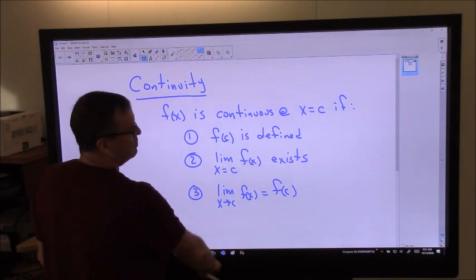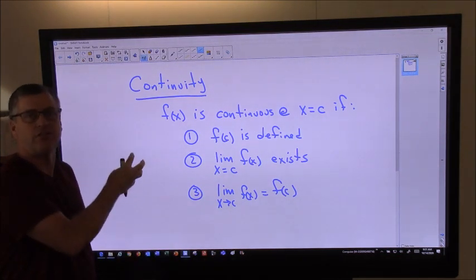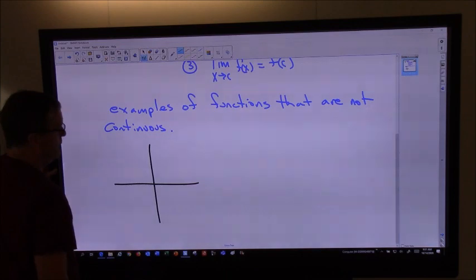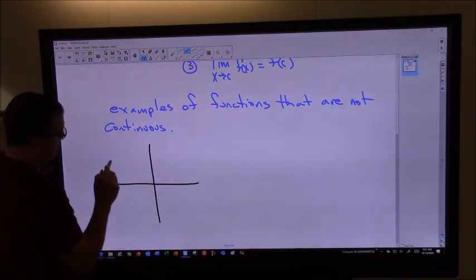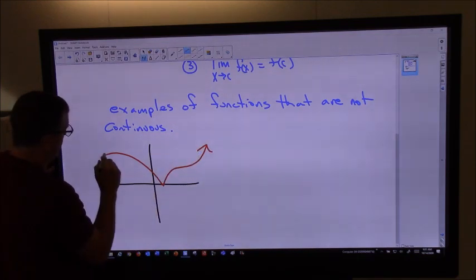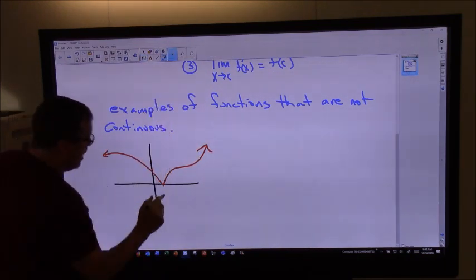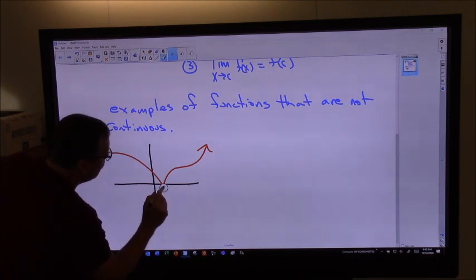So let's just draw a couple quick pictures of some examples of functions that are not continuous. So here's my first one. I've got some function that goes like this, and there's an actual hole in the graph right there.